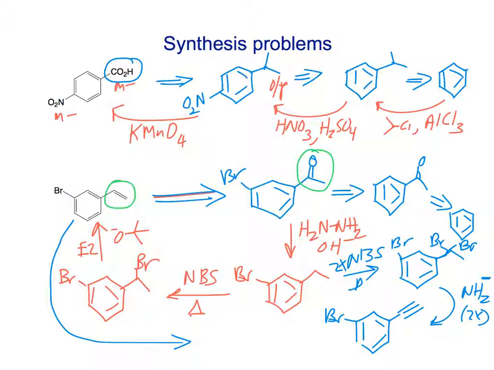There's another way we could do it from the alkene, and if that worked, it would be faster, because we're going from that intermediate rather than going all the way back over to here and then down that way. So we could also just do an electrophilic bromination to the double bond, and that would put 2 bromines on.